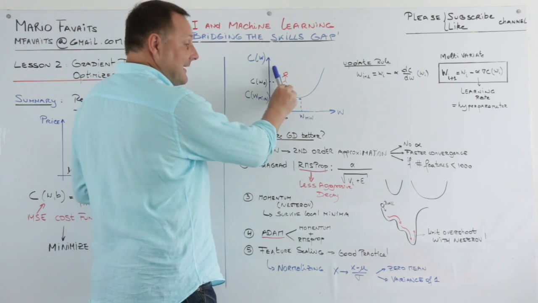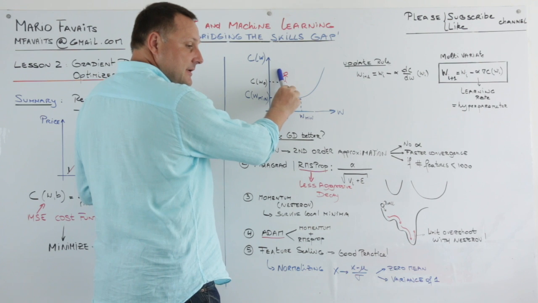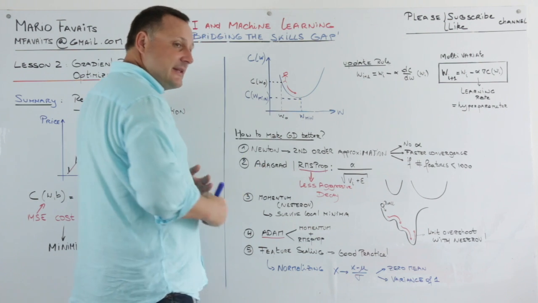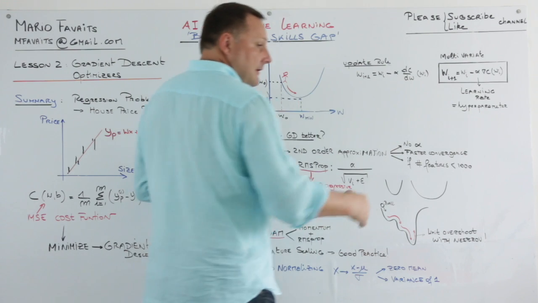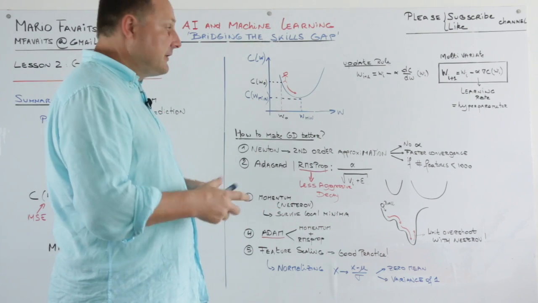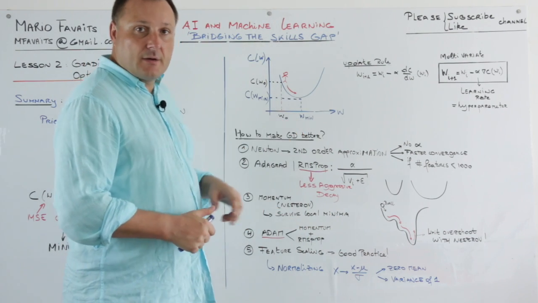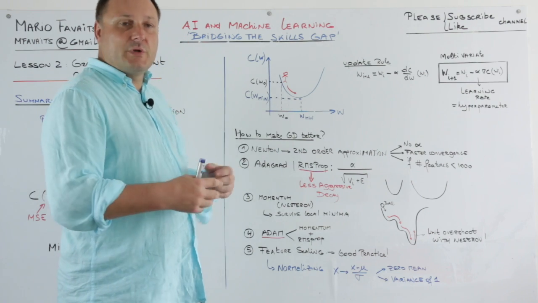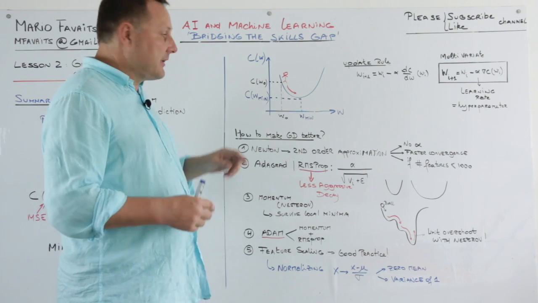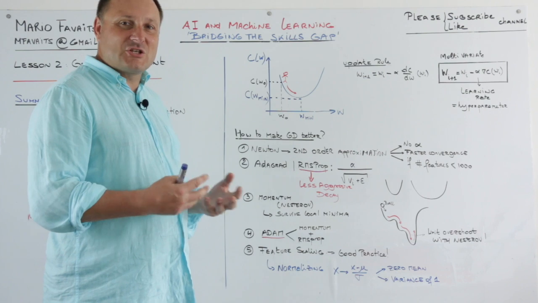Yeah? The gradient is negative. That means we're in the right direction, and we take a step. Yeah? And this is how you update every iteration until you reach W minimum, or until you reach a point where your cost is barely changing.